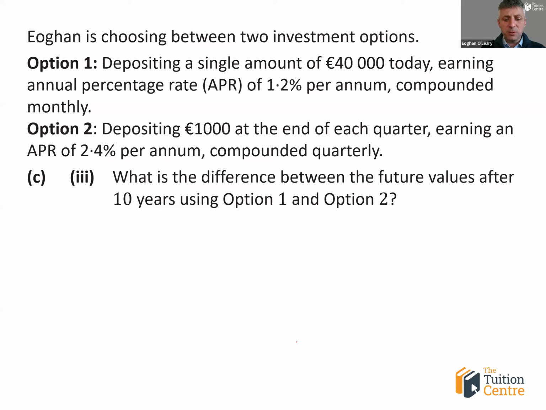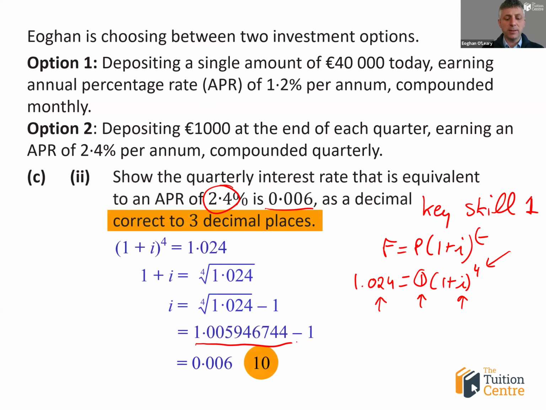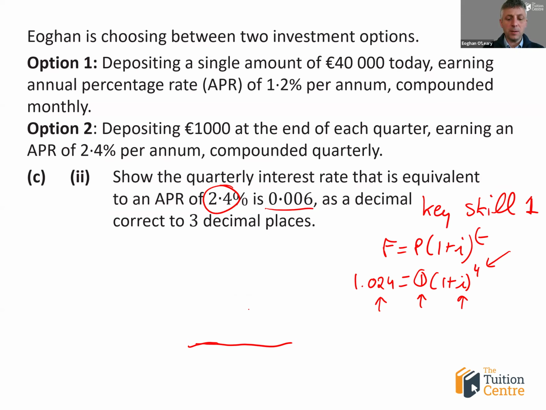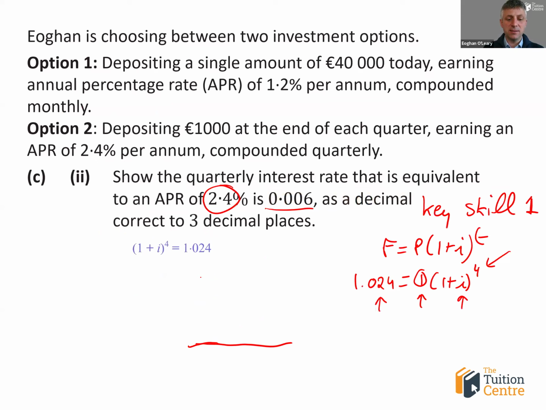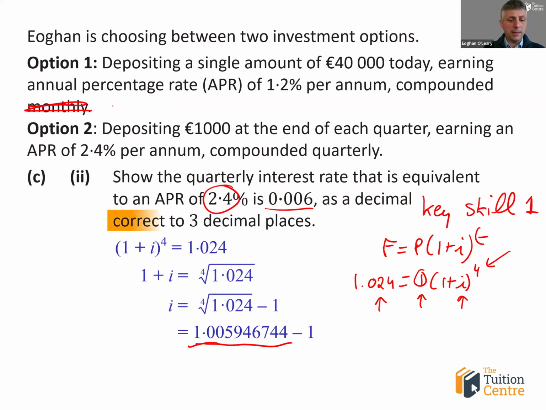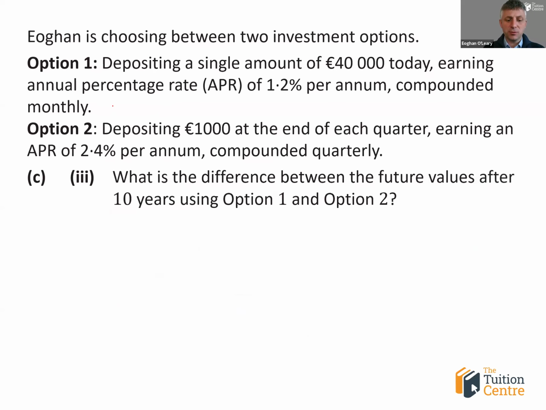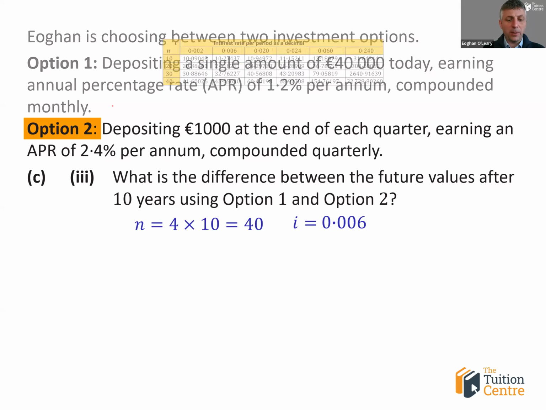What is the difference between the future values after 10 years of option 1 and option 2? Okay, so here we go. Option 1, we know, is going to come to 45,067 euros and 67 cents. In the next option, we have our monthly interest rate of 0.006. This is where we're going to have to go back to our table.